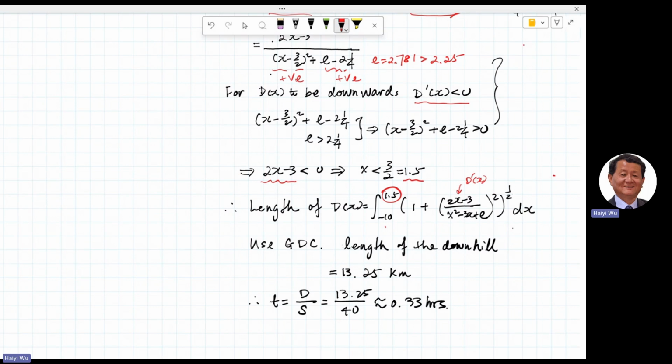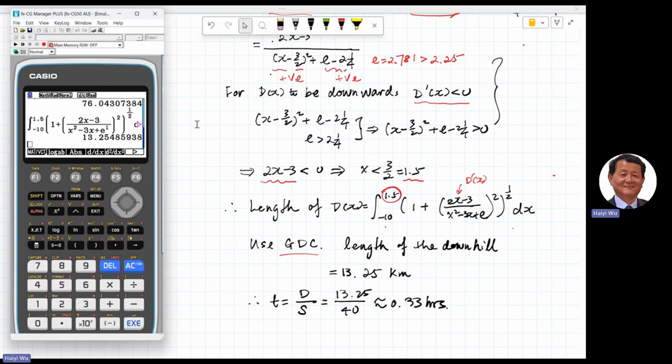Now we can't integrate this by formula. It's very complicated, so we use a graphics digital calculator to find the distance. Let me show you how I do that. I use the integration function on the graphics calculator, negative 10 to 1.5, the square root of 1 plus the derivative squared, and the answer is 13.25.